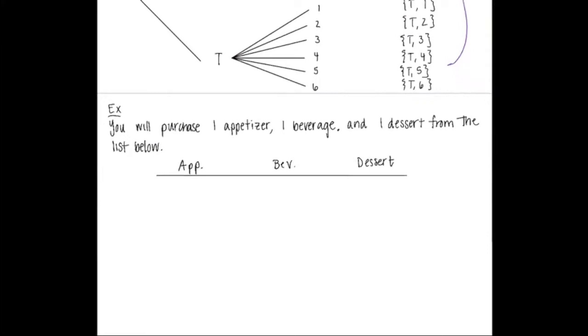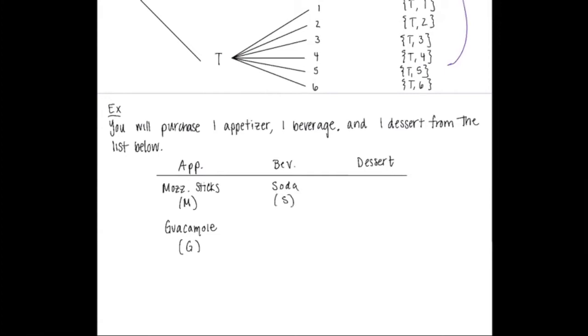So for the appetizers, you can pick mozzarella sticks. And so I'm going to use an M to indicate that. Or you can pick guacamole. And I'm going to use a G to indicate that because I definitely don't want to write these words over and over. For the beverage, you could pick a soda.